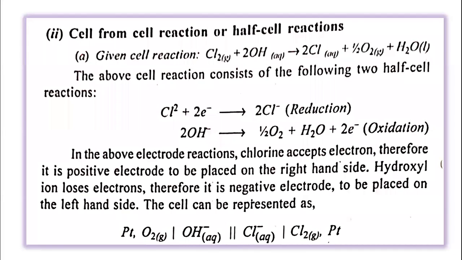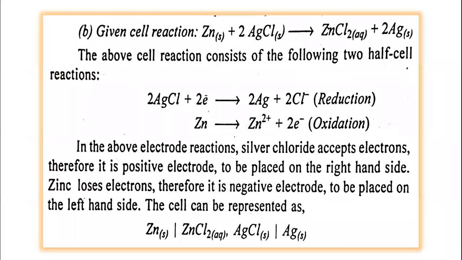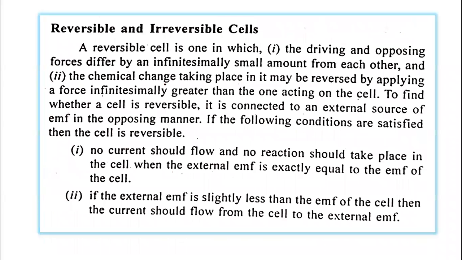Now, I would like to discuss the next topic: reversible and irreversible cells. After the discussion of how to write the cell reaction from the cell, let us discuss reversible cells and irreversible cells.